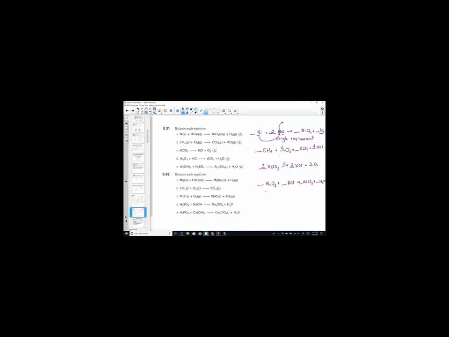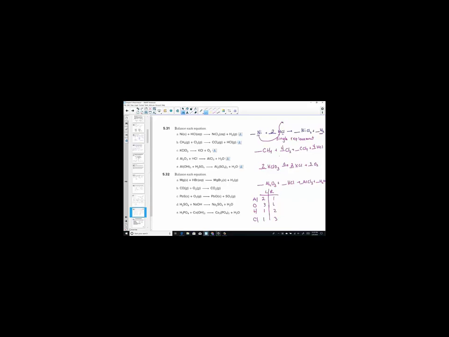Let's see, 4 guys to keep track of: 2 aluminums, 3 oxygens, 1 hydrogen, 1 chlorine, tallied on the left. On the right side, 1 aluminum, 3 chlorines, 2 hydrogens, and 1 oxygen. All kinds of stuff to repair.